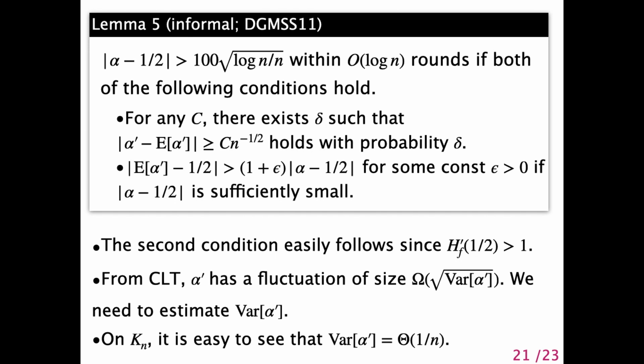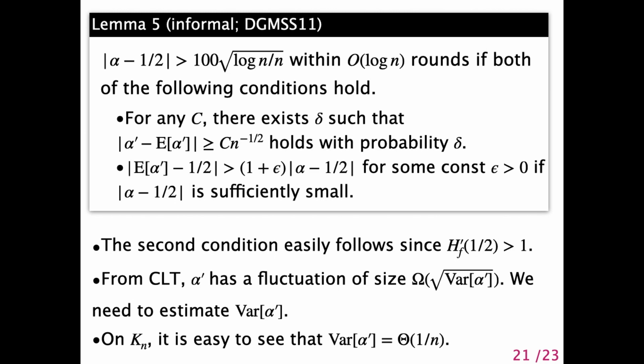The first condition requires that alpha prime has a fluctuation of size 1 over square root of n with constant probability. The second condition essentially requires the drift towards outside of the middle area. It is easy to see that the second condition holds from the property of f. And the technical part is to verify the first condition.